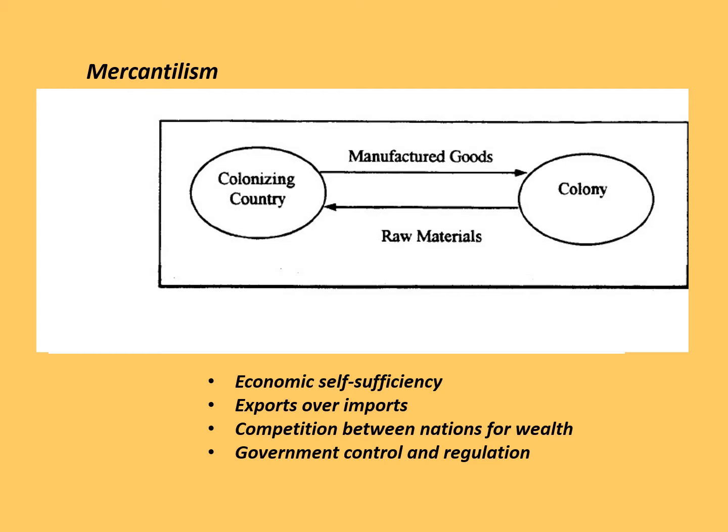And you can think today about oil, right? Most nations are very much dependent on foreign oil. That's something that a mercantilist would abhor. They do not want to be economically dependent on something so important to their economy that they themselves cannot produce.